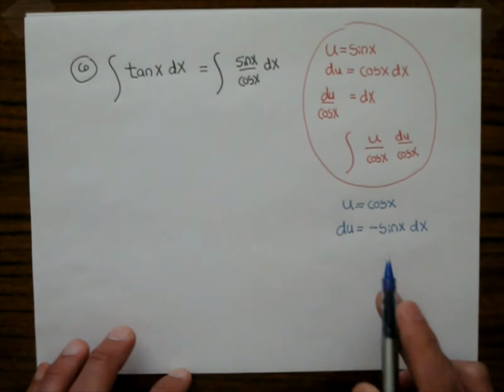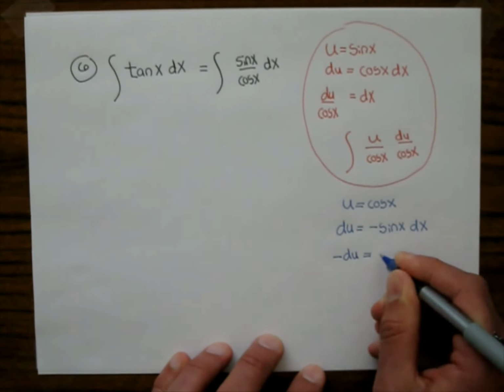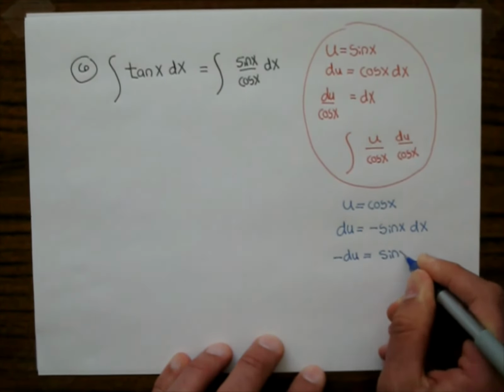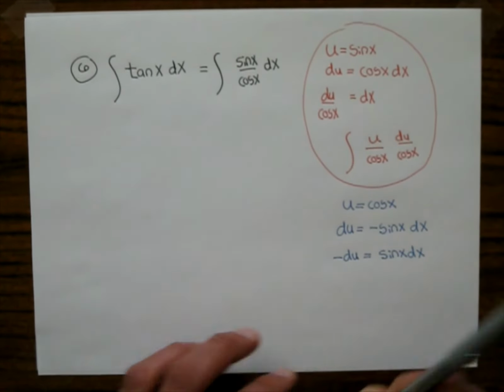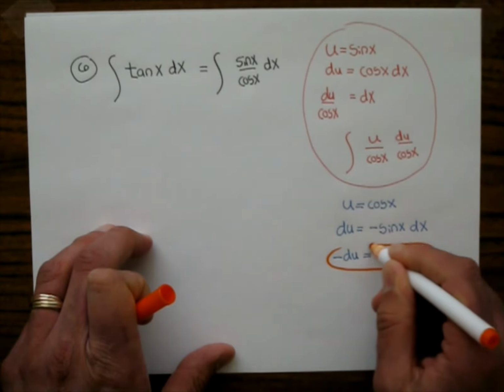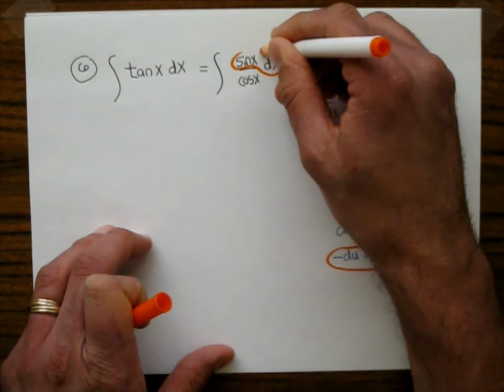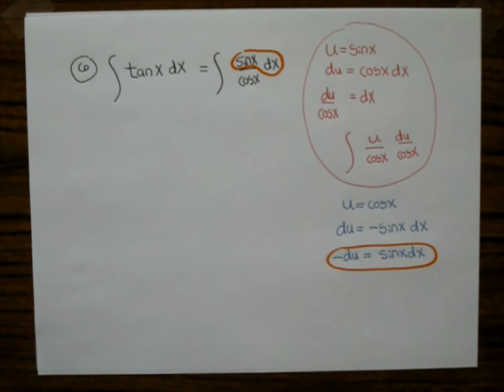There's a negative here, so let's just multiply both sides of this equation by a negative 1. And so look at this. This right here can be used. We have a sine x dx. That's going to become a negative du. And then you have u is cosine, and so you have a u on the bottom.